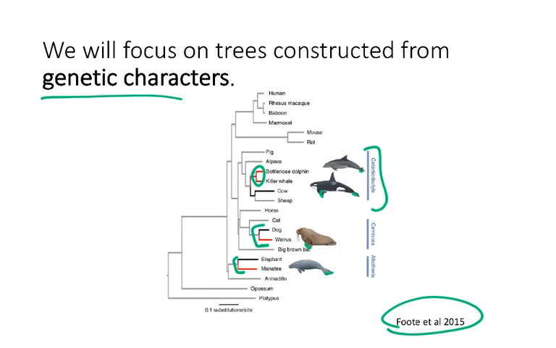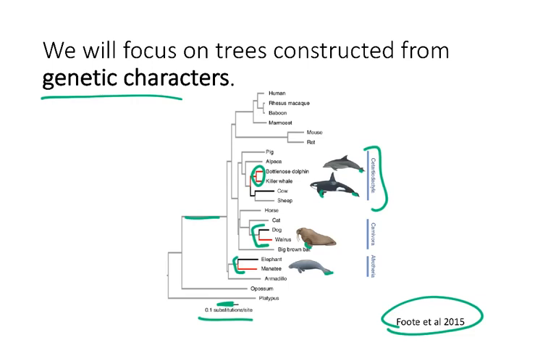So if we look at this tree, again, we said this tree is based on genetic characters. This down here is our scale bar, essentially. So the longer one of these lines is, the more evolutionary time or evolutionary distance that represents. And so this scale bar is telling us that this particular distance on the tree is representing 0.1 nucleotide substitutions.